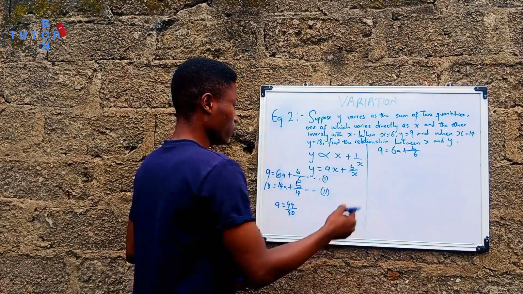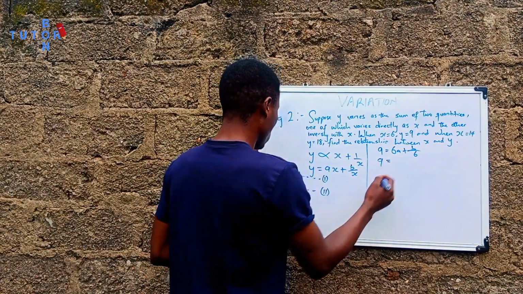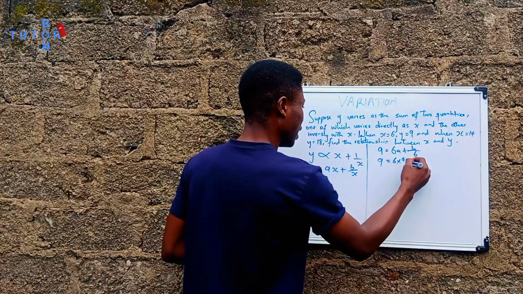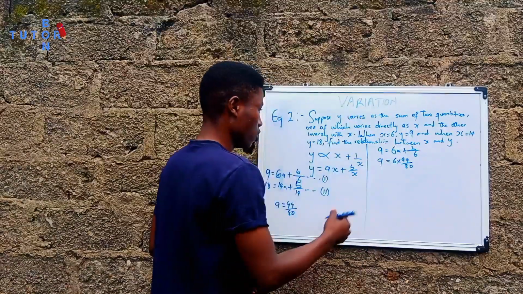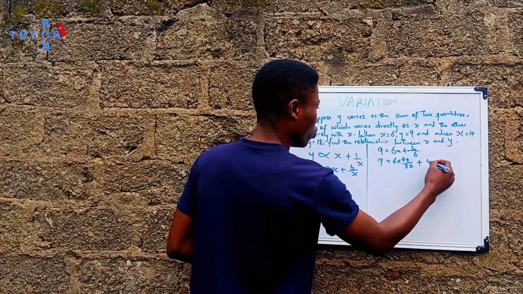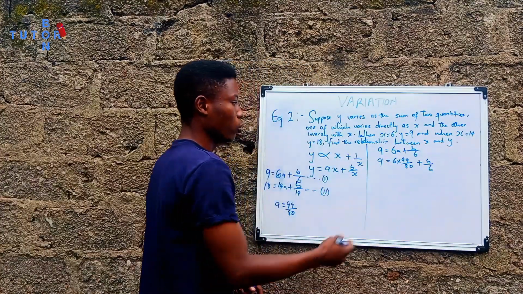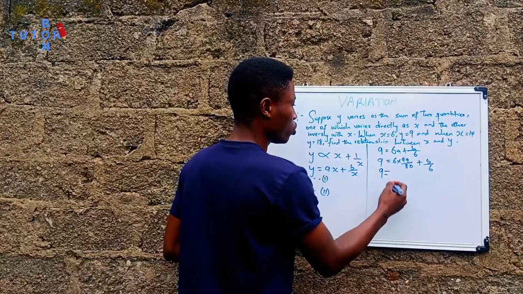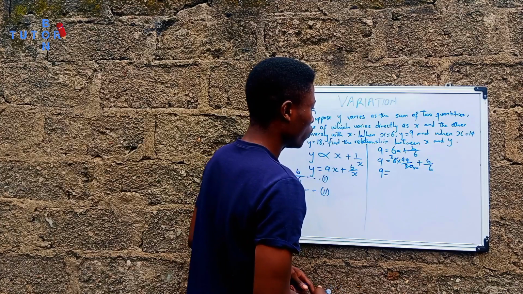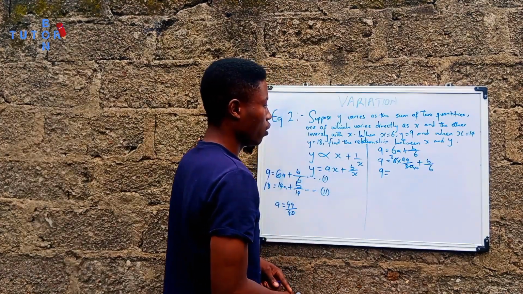So that means my 9 equals 6 multiplied by 99 over 80 plus b, which I'm looking for, over 6. So this will give me 9 equals, 2 here 3, 2 here 4, 40.